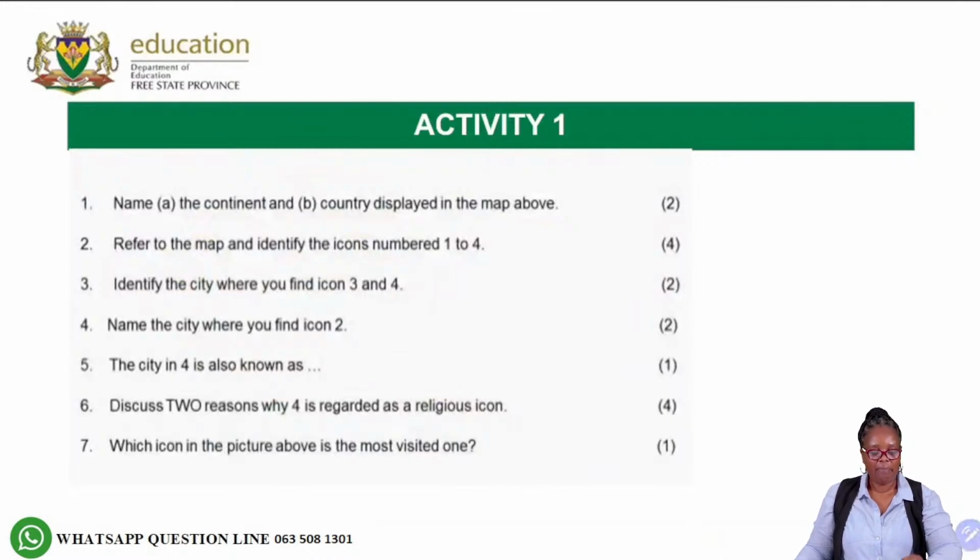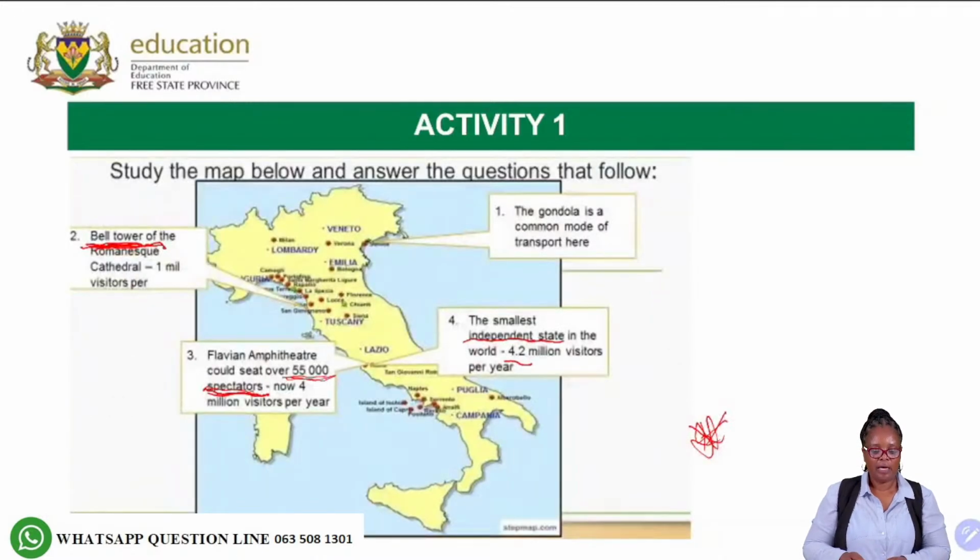So number 3 says here, identify the city where you find icon 3 and 4. Let's go back to the map and see 3 and 4. Here we are in the map. Remember we said 3, the Flavian Amphitheater, is the Colosseum.